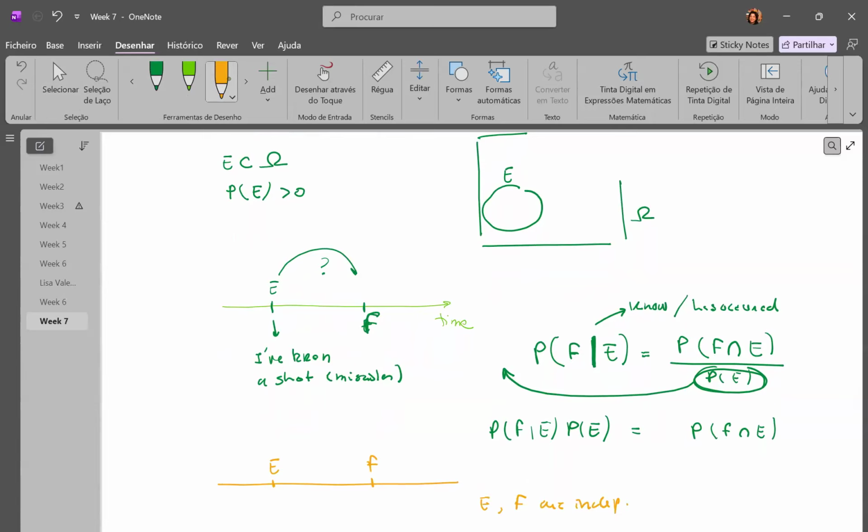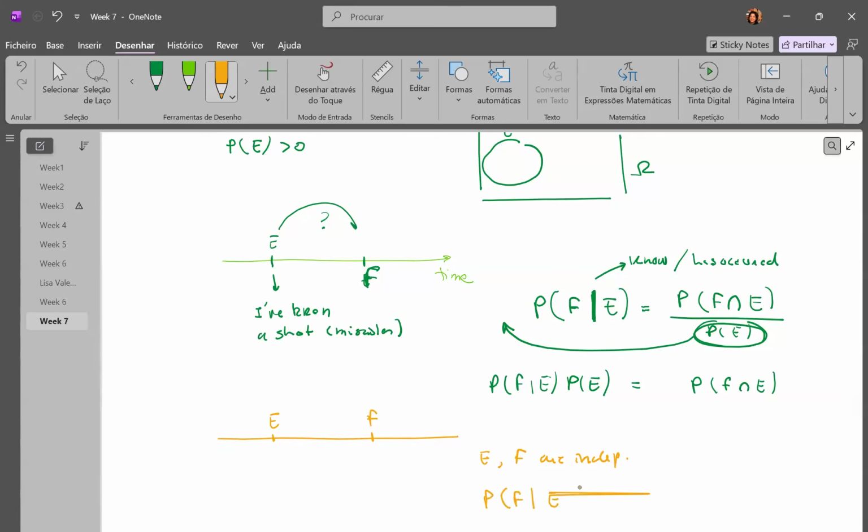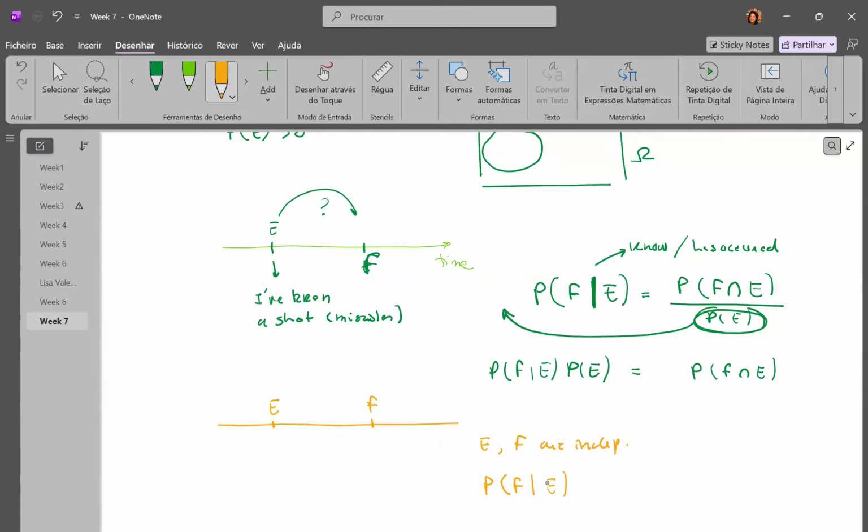So I believe that if E has occurred, it won't impact F. If F has occurred, it won't impact E. That's my reasoning towards independence. Now, what would you write about this then? I'm telling you that E has occurred, and now I want the probability of F. But I've just told you that they are independent. So what do you think?